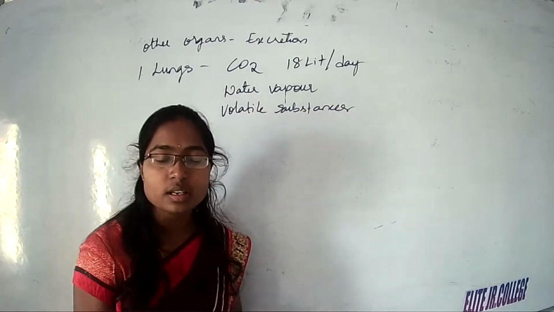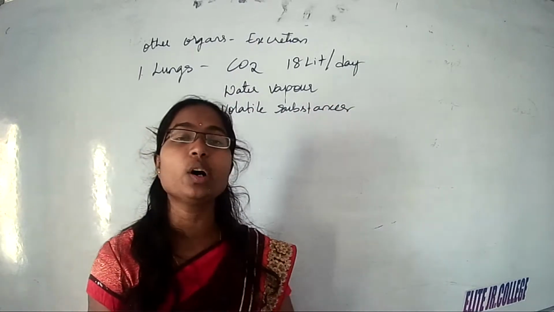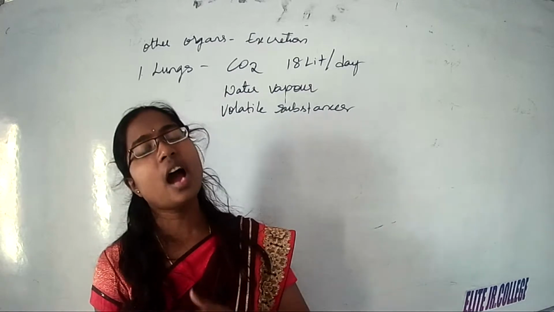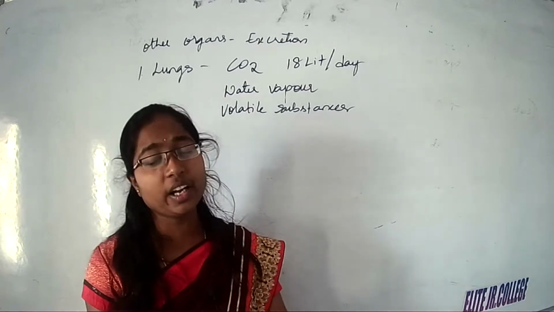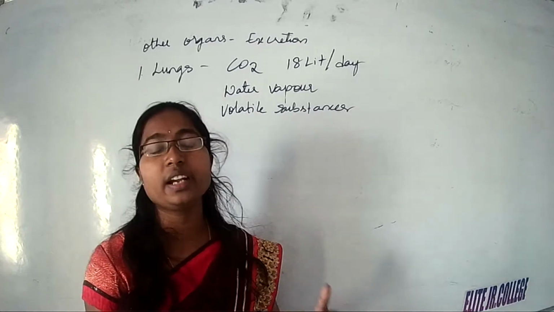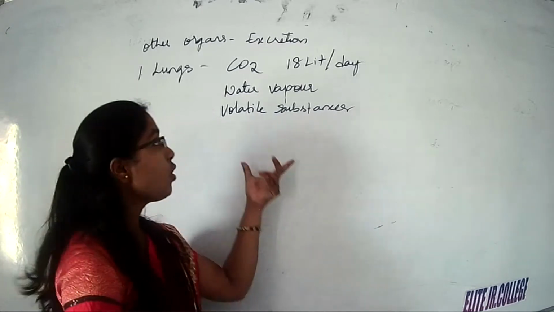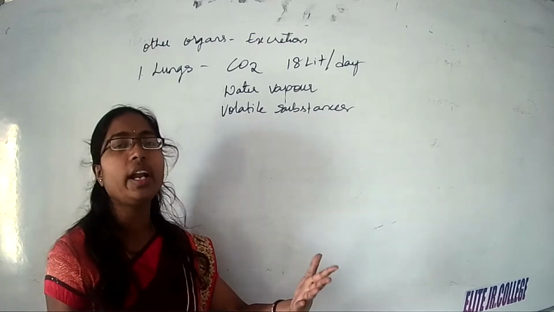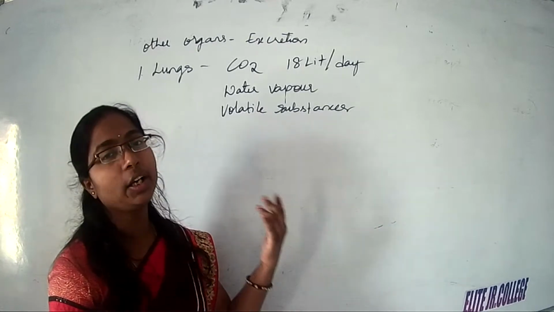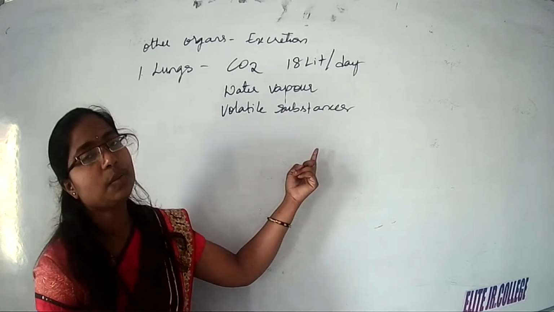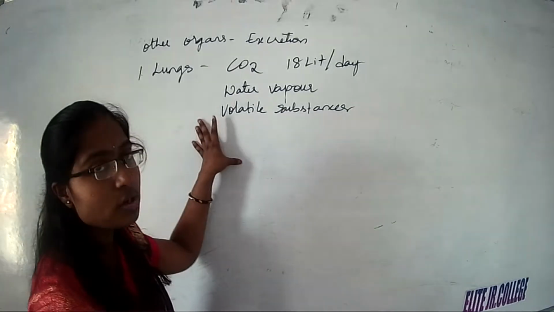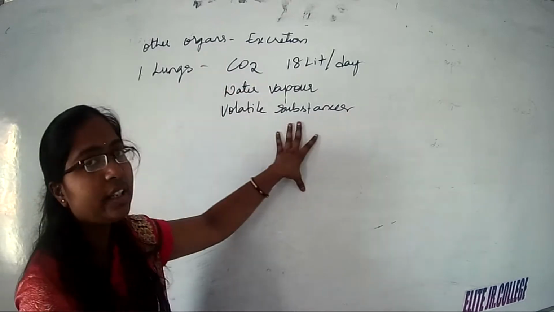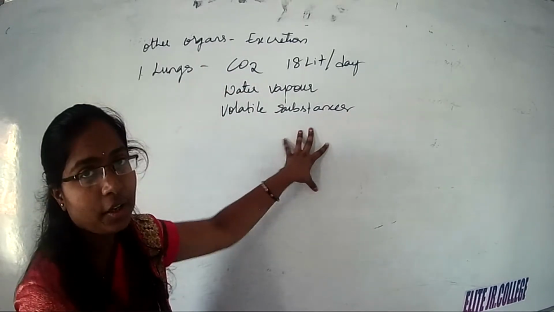Volatile substances are those substances which can be converted into a gaseous state. Either a liquid or a solid which can be converted directly into a gas is called volatile substances. So lungs are going to eliminate carbon dioxide, water vapor, and volatile substances from our body.